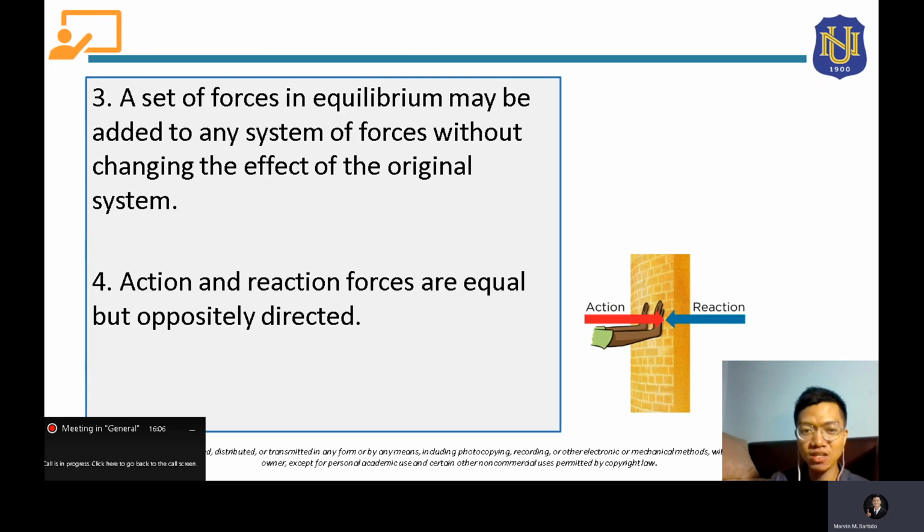So here, as you can see, let's say you apply an action force to this wall. This wall will react, and the reaction that will act upon the body should be equal to that action force, but oppositely directed.